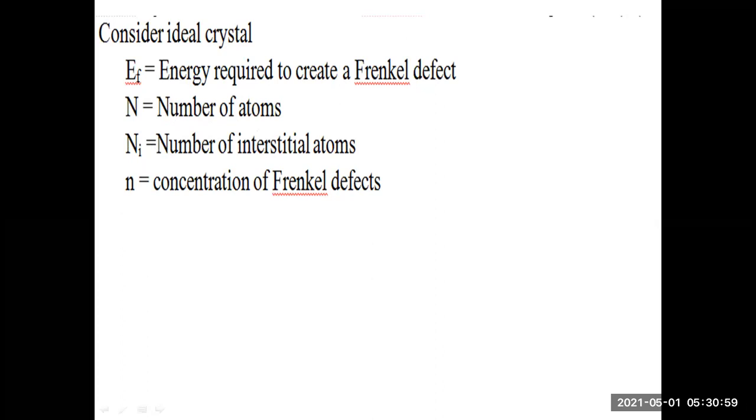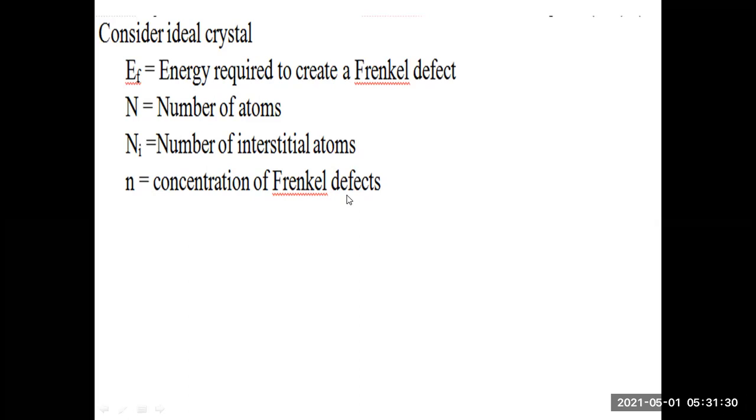So we need to know how many interstitial atoms will be there inside this ideal crystal, which is defective, due to the interstitial atoms and vacancies which have been created. So n suffix I is the number of interstitial atoms, and what we have to calculate is the concentration of Frenkel defect. So let small n be the concentration of Frenkel defect.